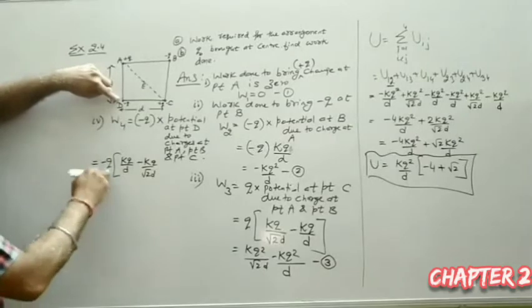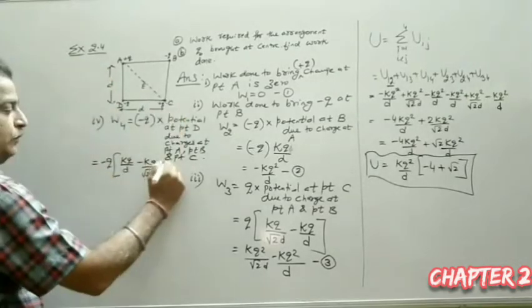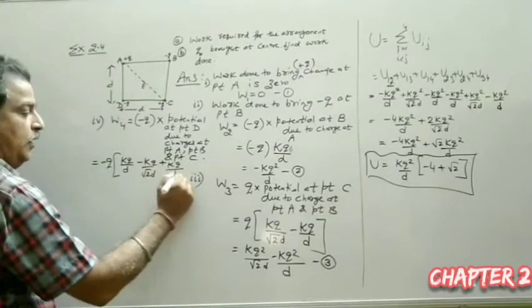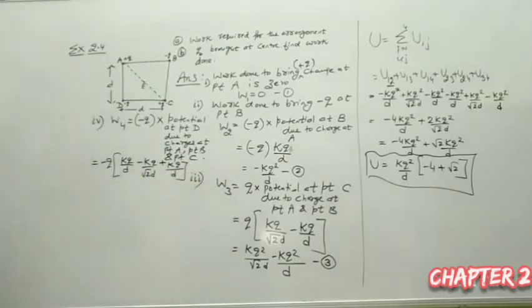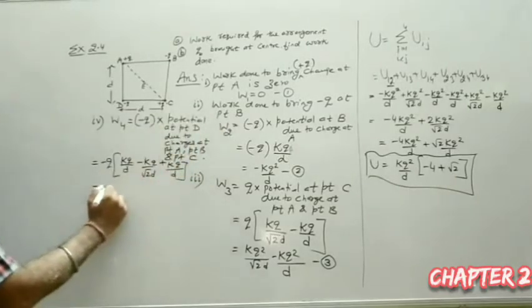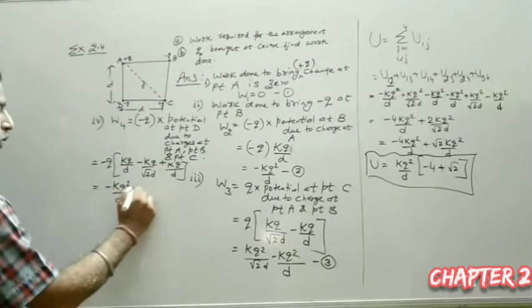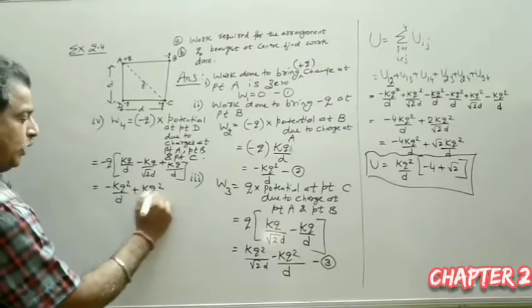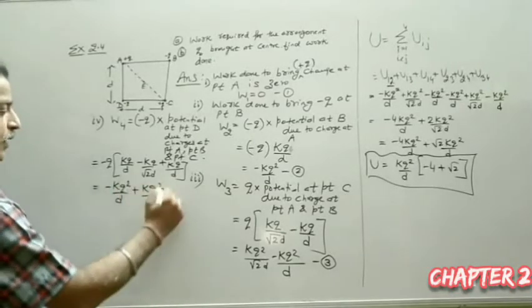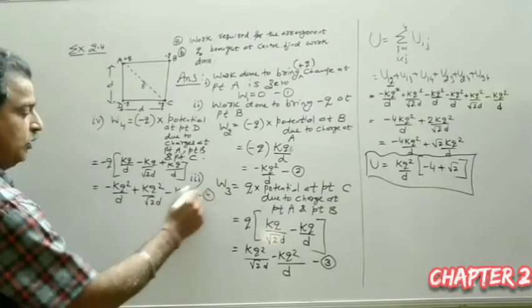Then potential at C is kq by d. So I evaluate this bracket: minus kq square upon d plus kq square by root 2d, then minus kq square by d. So this is my equation number 4.